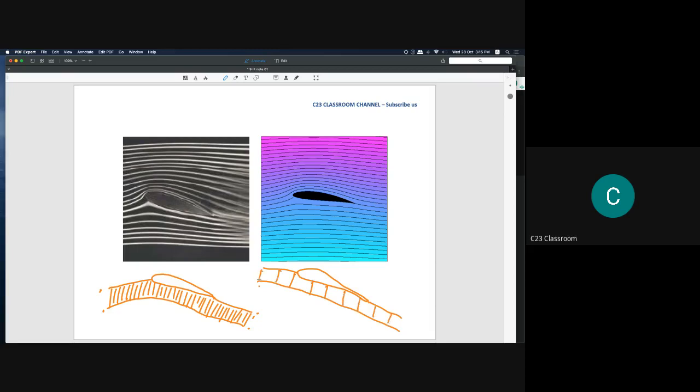Because we have 4 nodes, 4 points here, after a certain time we can calculate the movement of this area into this area, and then after another certain time, from this area to this area, and so on and so forth.